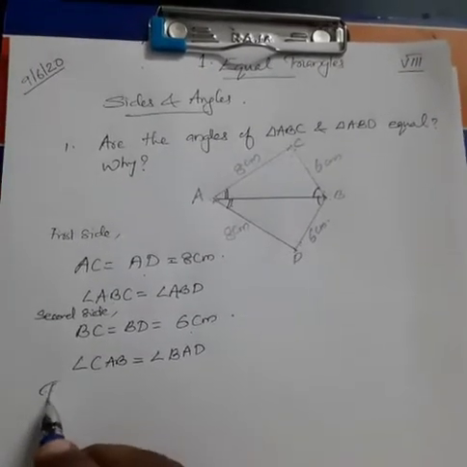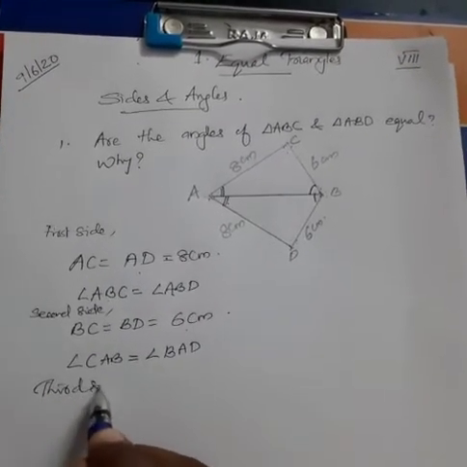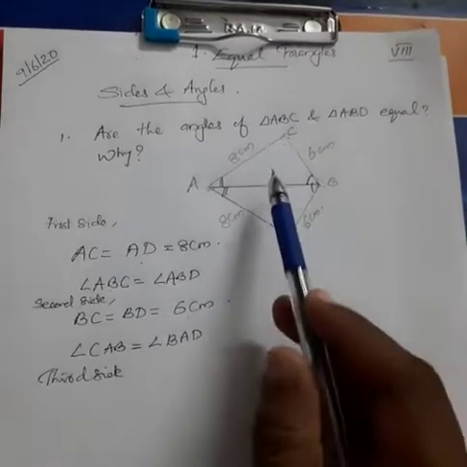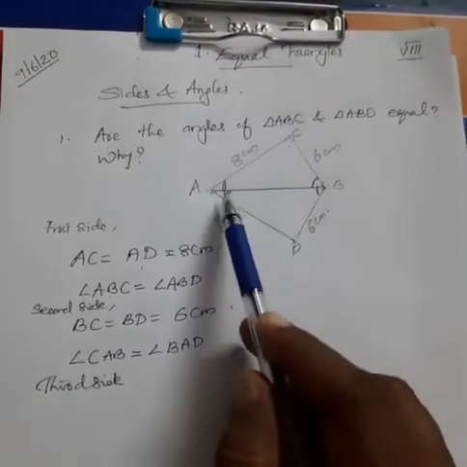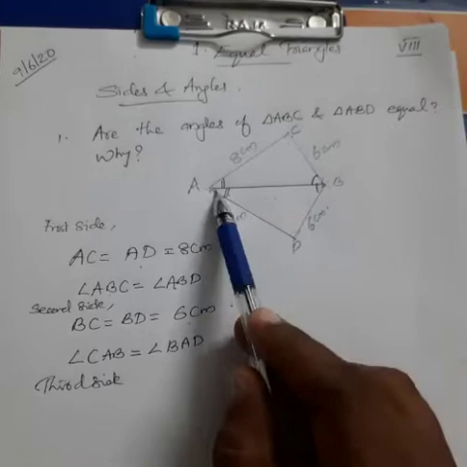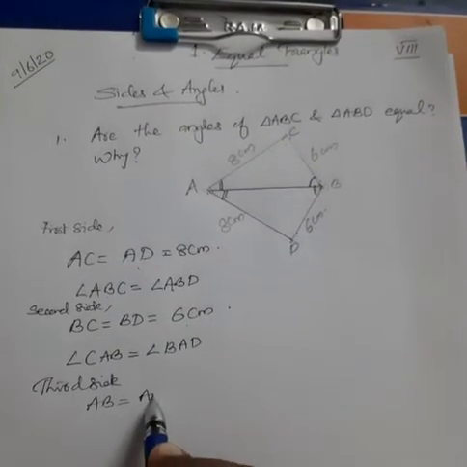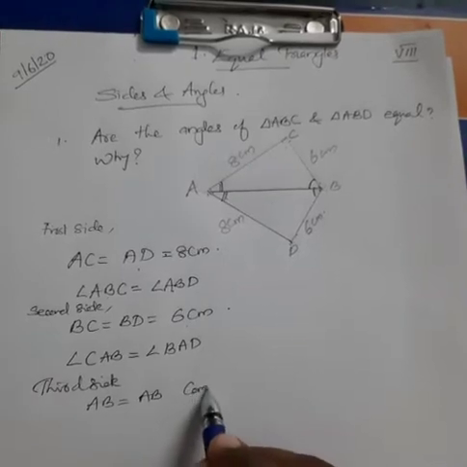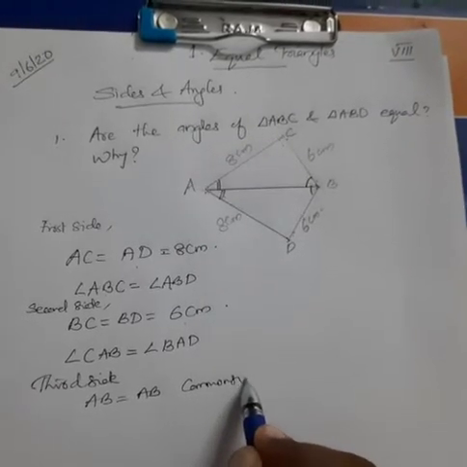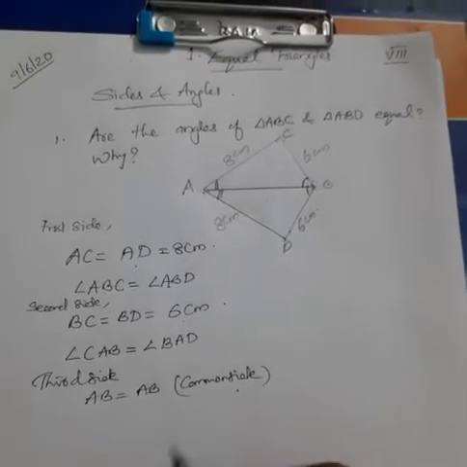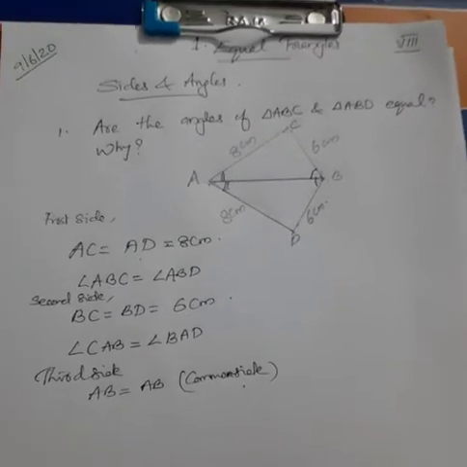Next, the third side of the triangle. For both the triangles, the third side is common, that is AB. So AB is equal to AB, that is the common side of both the triangles.